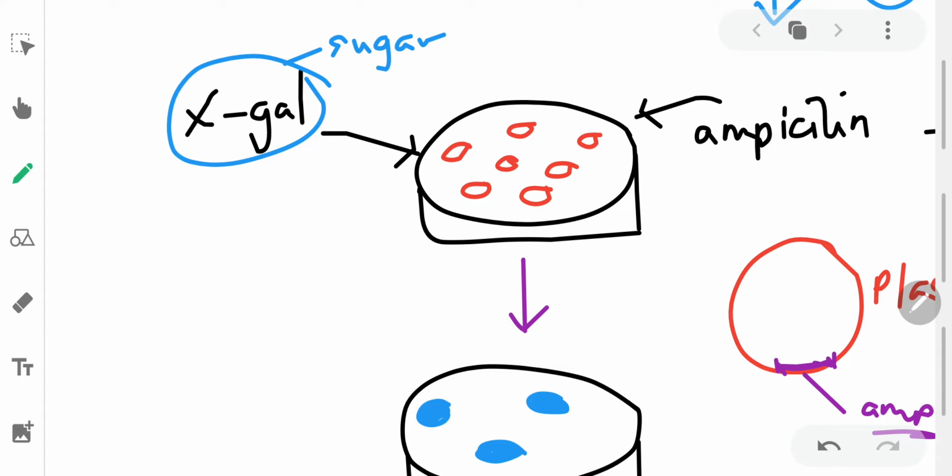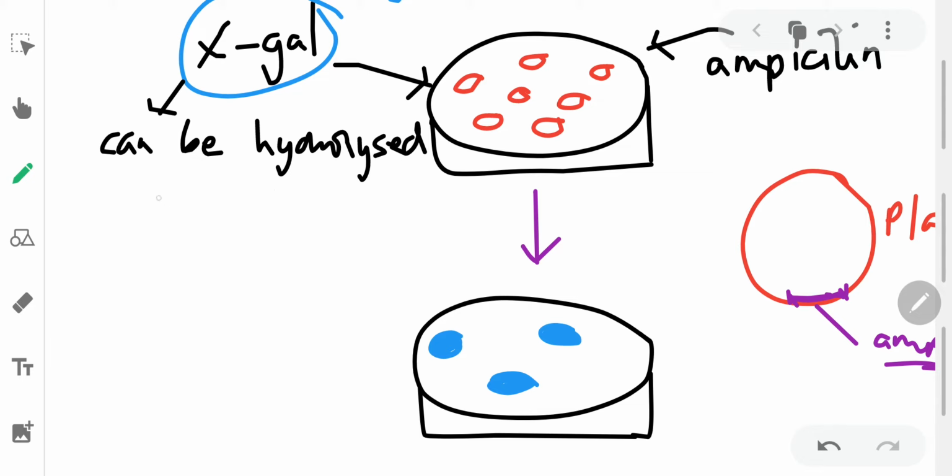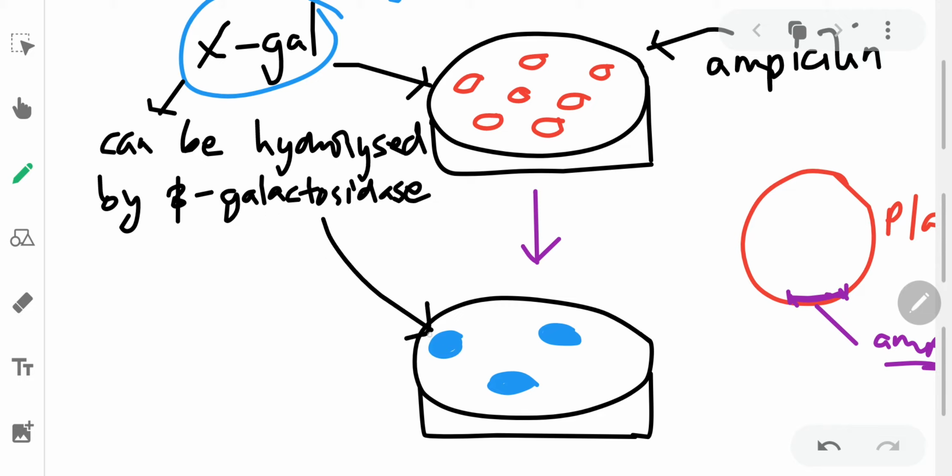Okay, now, this X-gal sugar can be hydrolyzed by an enzyme called beta galactosidase. Okay, if this X-gal is hydrolyzed by this enzyme, it will turn into blue color.